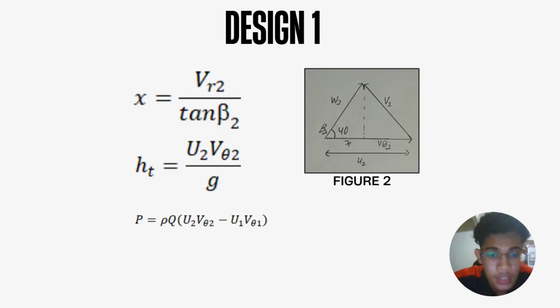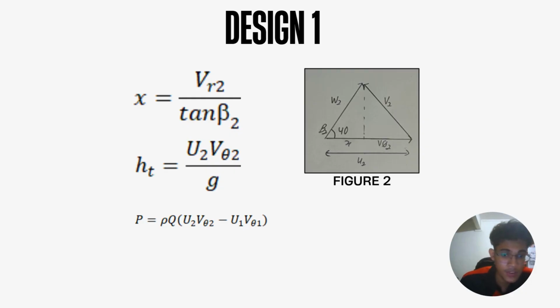And for the outlet velocity triangle, it is shown in figure 2. We know that the blade angle is equal to 40, and from the figure, we know that U2 is equal to X plus V theta 2.